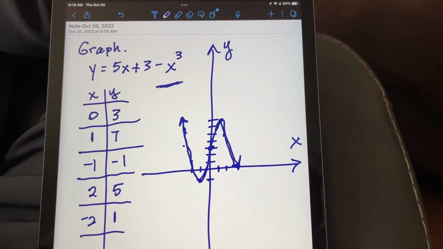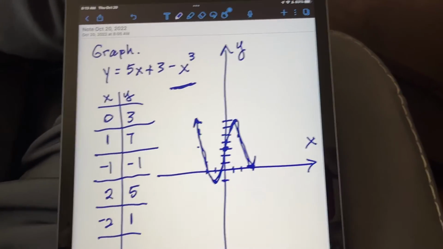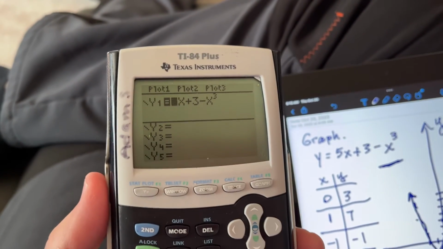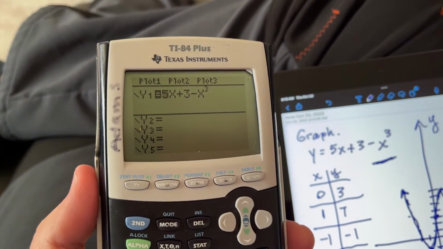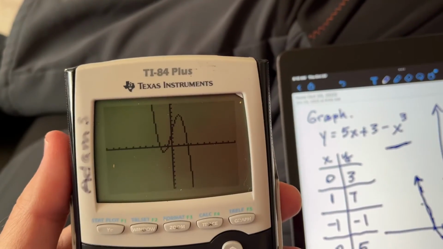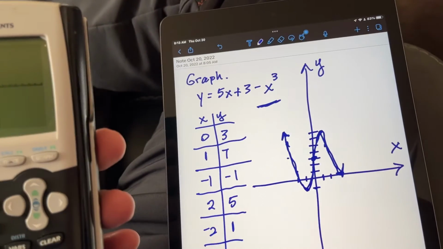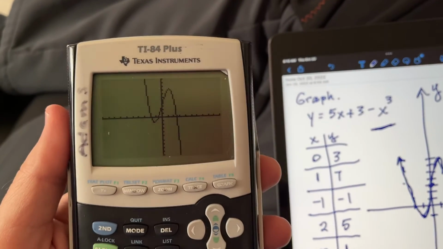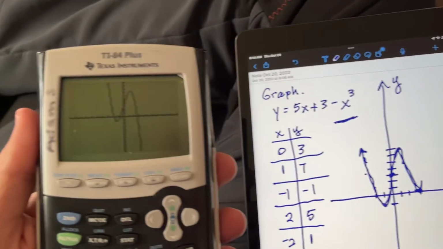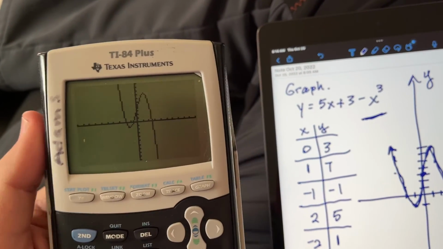Now that's one thing. The other thing you can do is type this into a graphing calculator like that right there. I just typed that in, and then you can graph, and that's a good way to compare notes. Does that look the same? If your teacher lets you use a graphing calculator, that's a great way to double check.